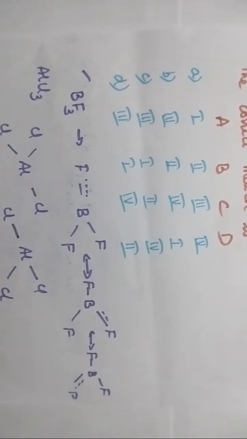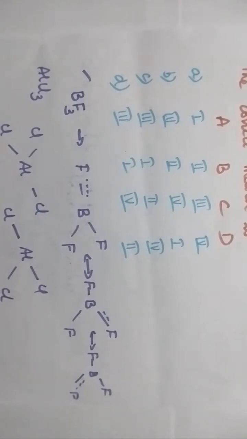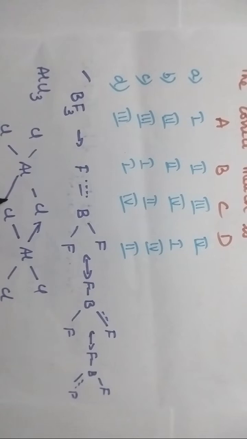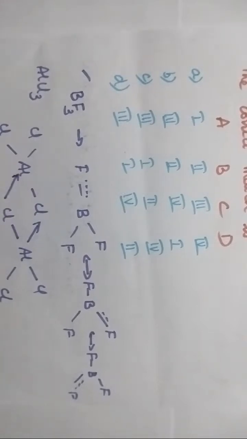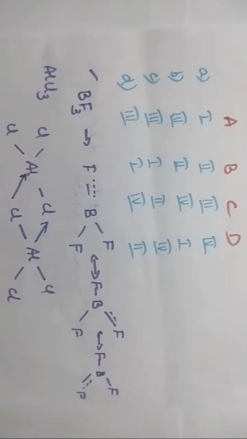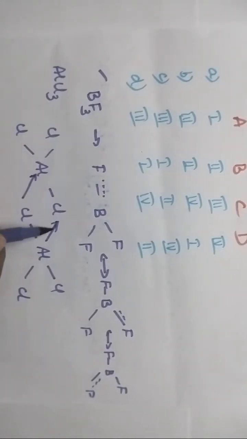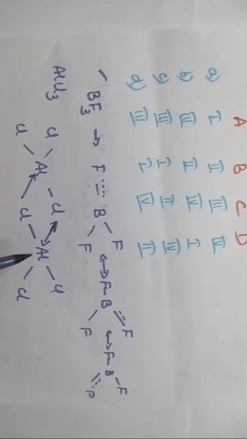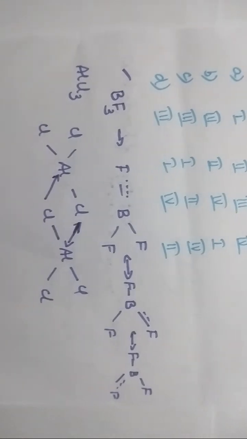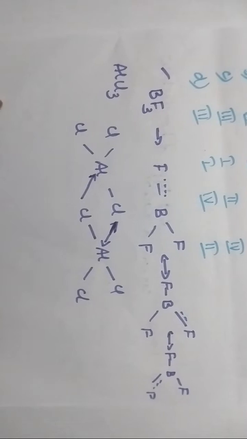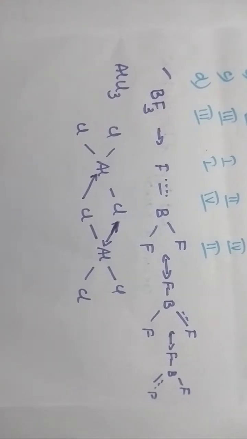So it exhibits dimeric form. This is the dimeric structure of AlCl3.